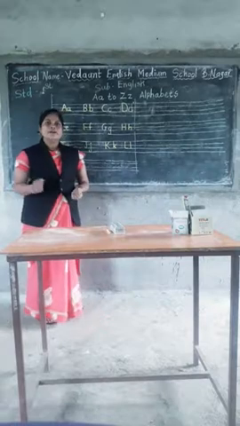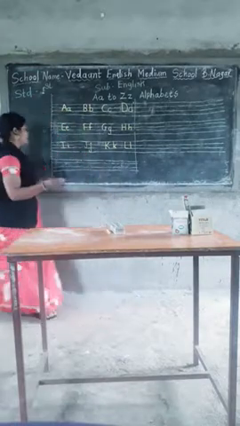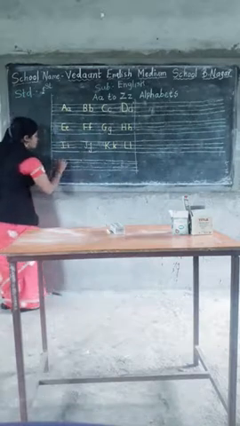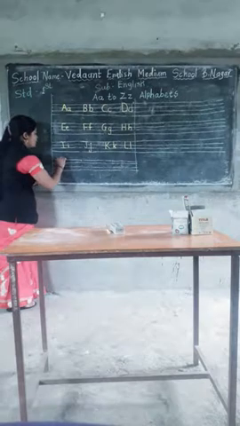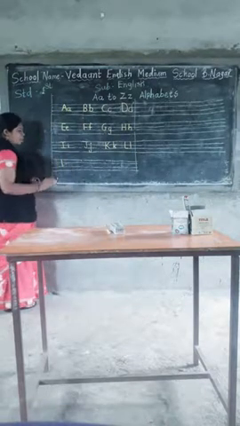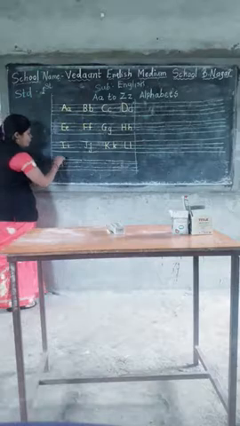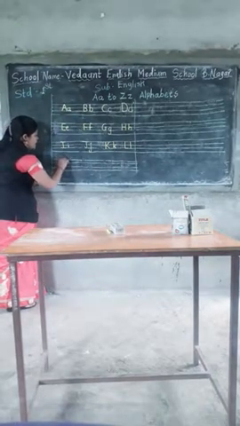Okay, after L, which letter comes? Let's see. It is the M letter. So how to write M? Let's see here. Go to the top, draw the standing line. After that, go to the top again and draw the slanting line.